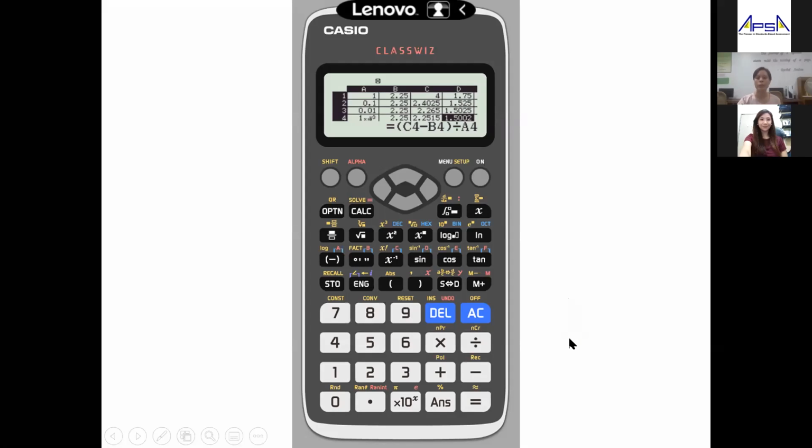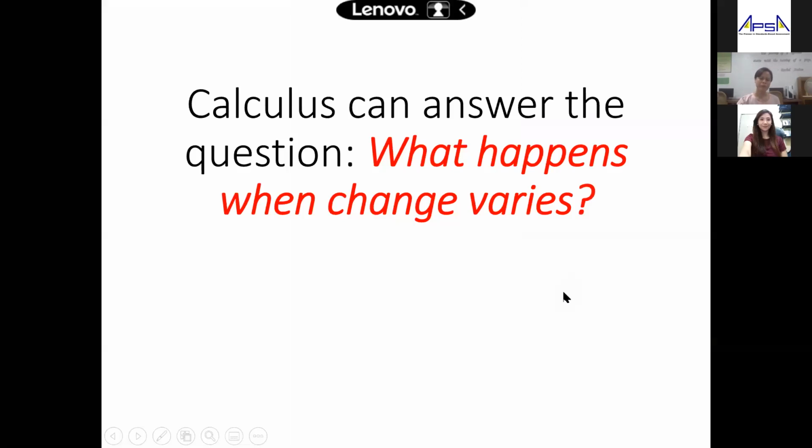Di ba kanina meron tayong graph? Okay, so that's one part of technology. Next is we have a table. Paulit-ulit actually yan sa DepEd's curriculum guide. Laging represent functions using a graph, an equation, a table, and technology is one effective strategy to really use all those representations.